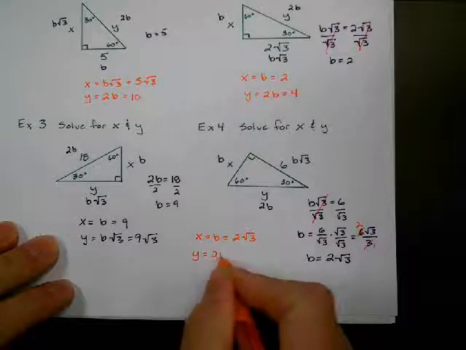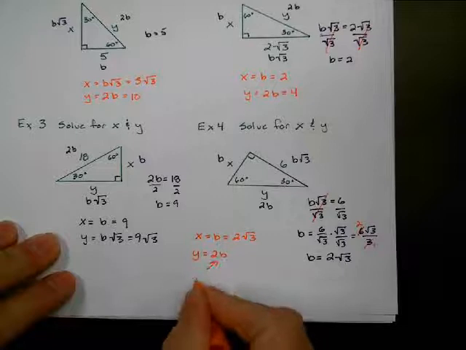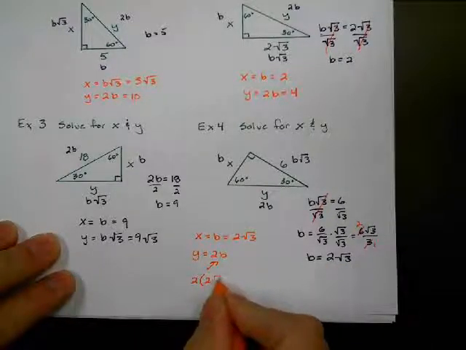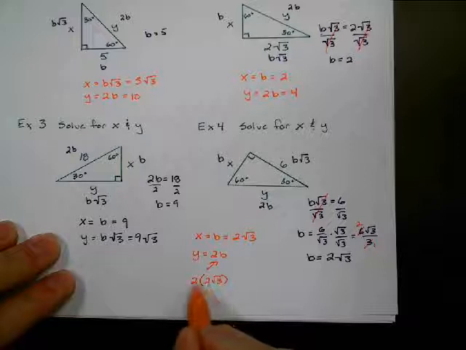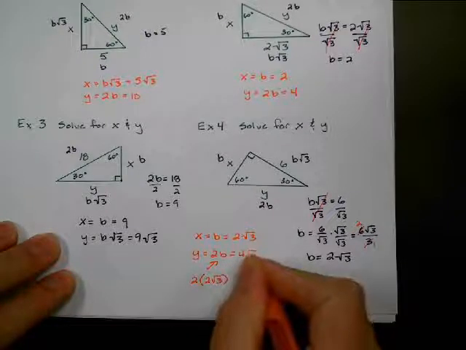What are we going to do for this one? Well, let's see. 2 times B. B is 2 root 3. So 2 times 2 root 3. Remember, the whole numbers multiply, or the integers multiply with each other. So those two are going to multiply, and I get 4 root 3 as my answer for Y.